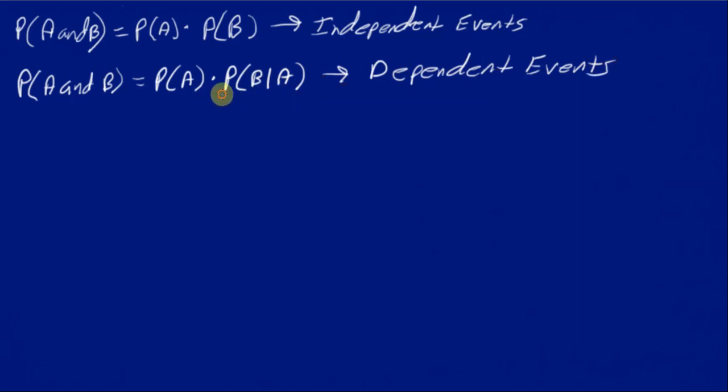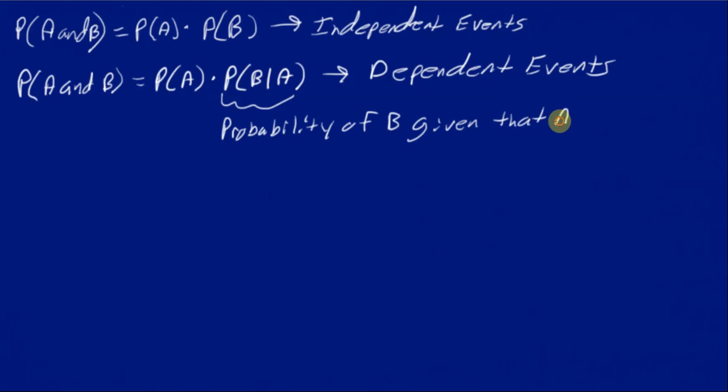And this is the probability of B given that A occurred.